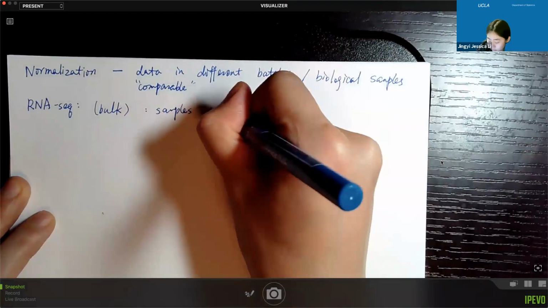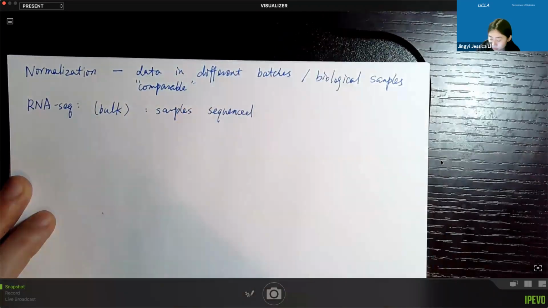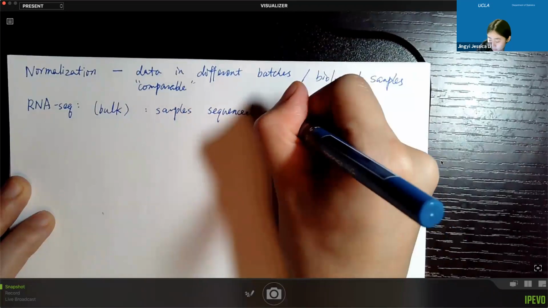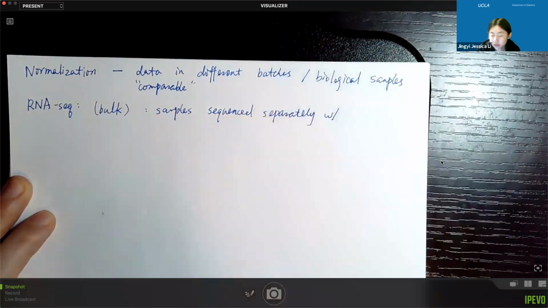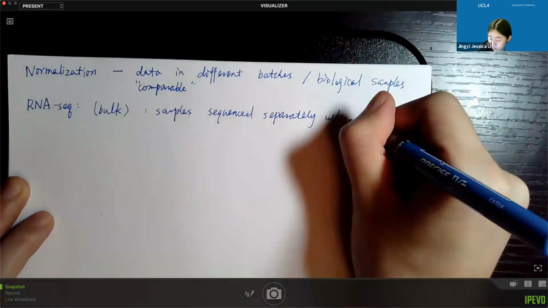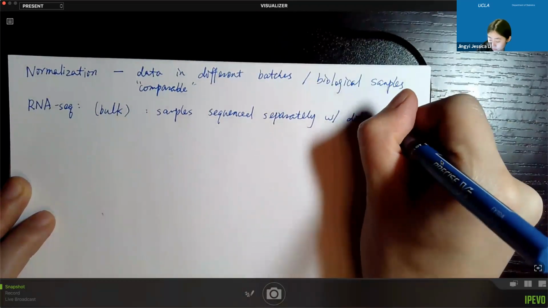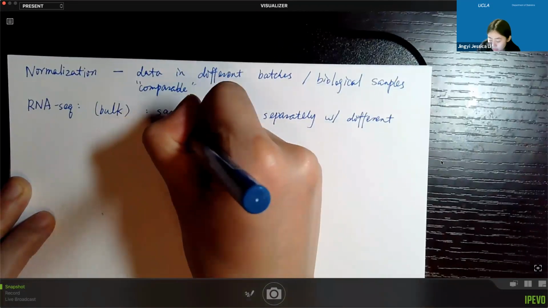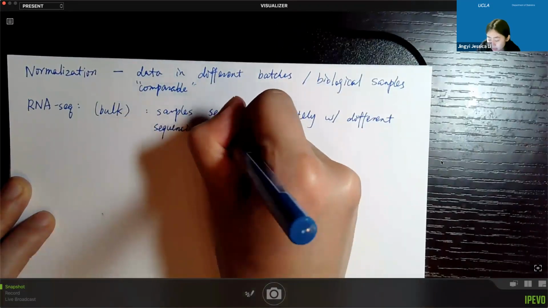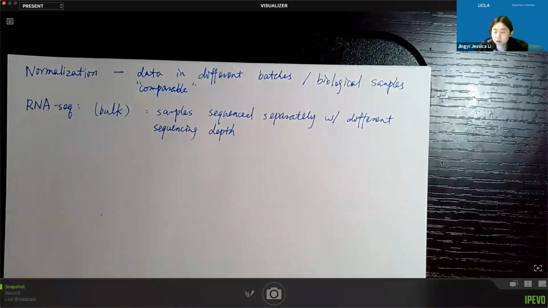Biological samples sequenced separately with different, maybe different sequencing depth. So in the sequencing data, sequencing depth is the total number of mapped reads. After you do the read mapping, how many reads are mapped to genes, right?